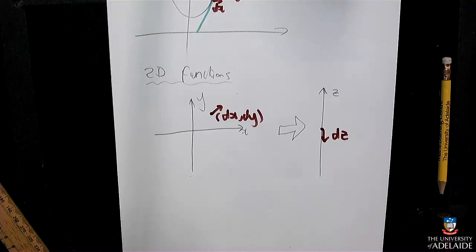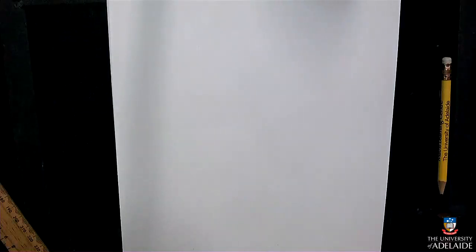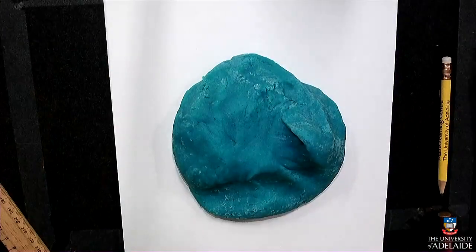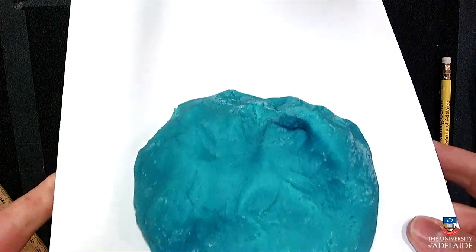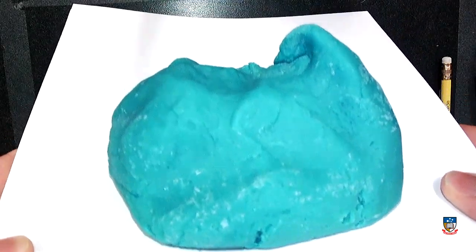Now I'll make a surface out of Play-Doh. Right, this is my surface. It looks like that from the side. Ooh, that's pretty bad.